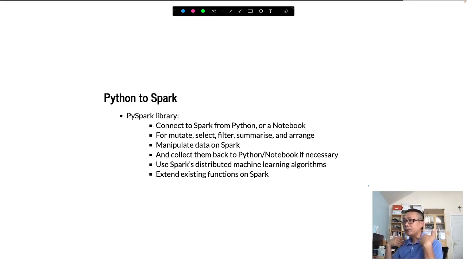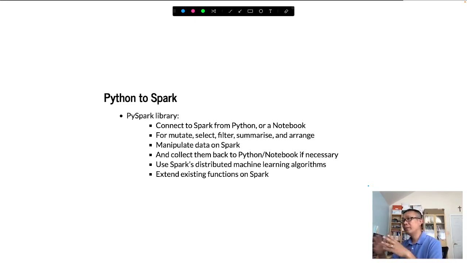You can use Python code to connect to Spark and take advantage of that capacity in Spark. And of course, if you have the infrastructure set up in Spark that employs lots of machines, you can take advantage of the cluster of machines as well. So you potentially can have lots of computing power depending on your setup and configurations. And with that connection to Spark, you can utilize functions in Spark to mutate, to select, to filter, to summarize, to arrange data.